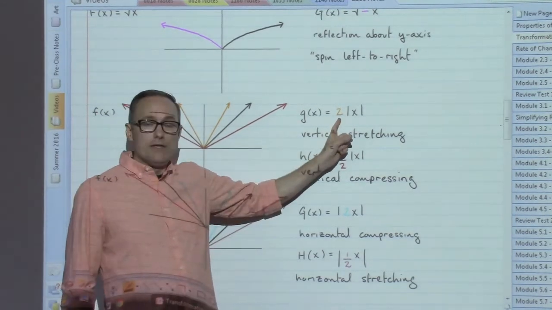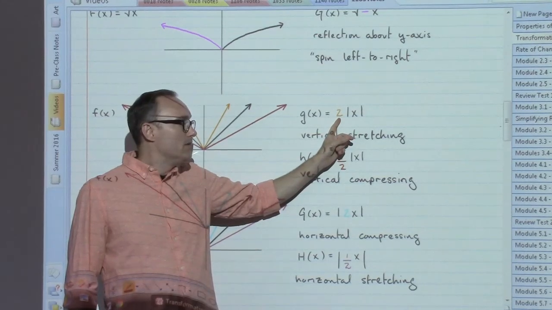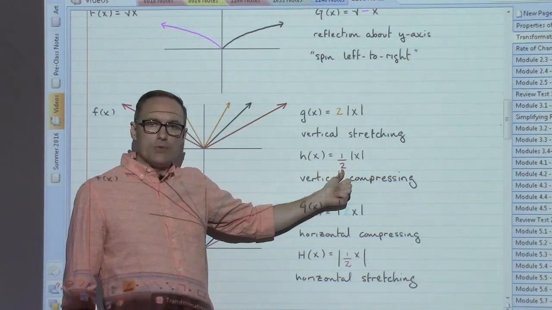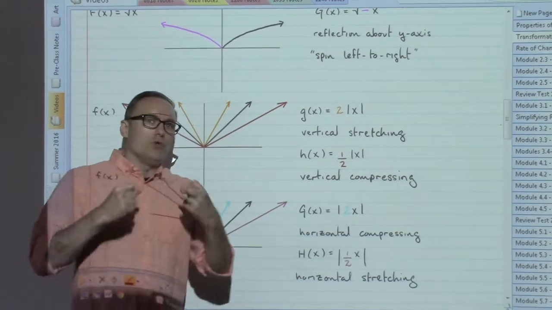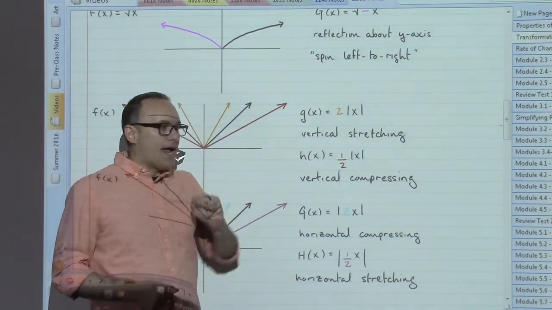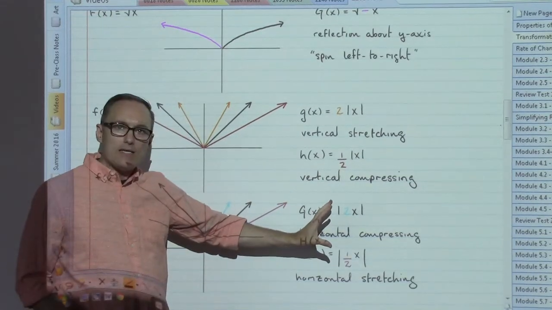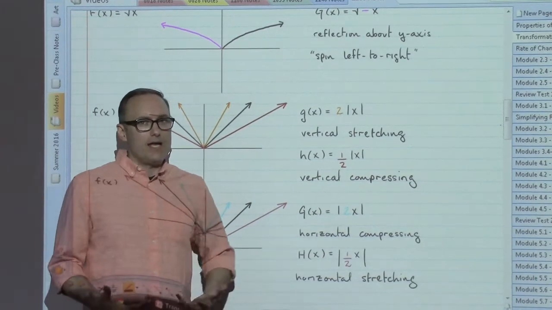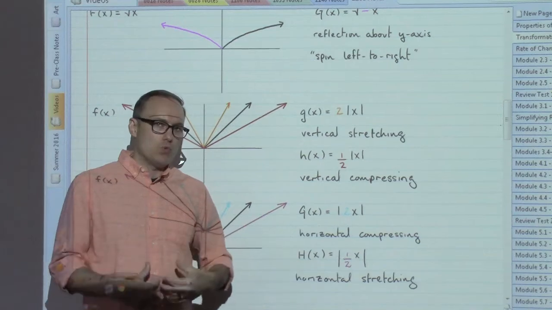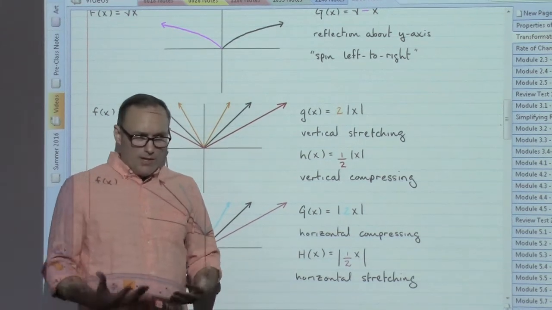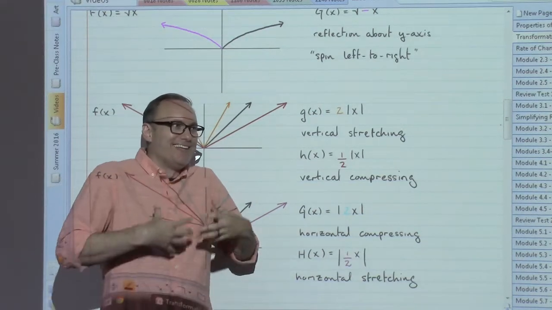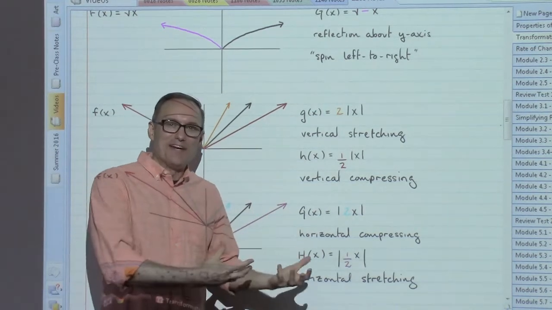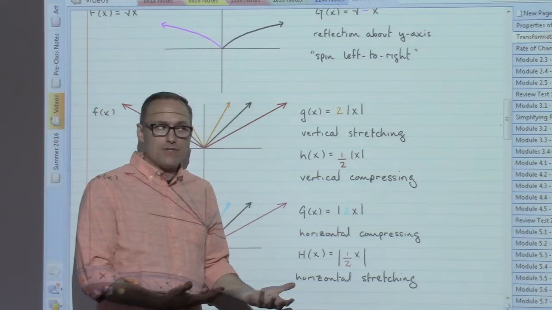Multiplying by something bigger than 1 versus something between 0 and 1. Where do we do the multiplying? Is it outside? Is it inside? How do these kinds of changes to our function rule, our function equation, I can't use the word shift, how do those carry over to what happens in our graphs?